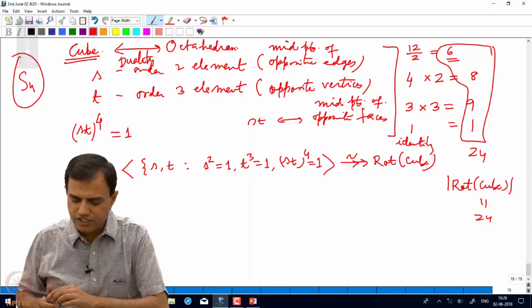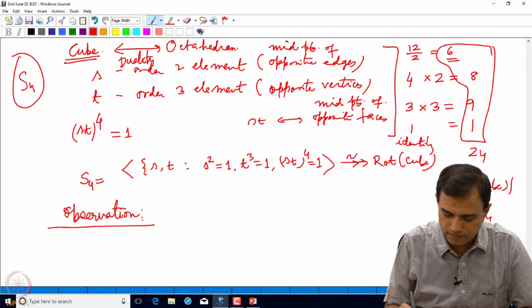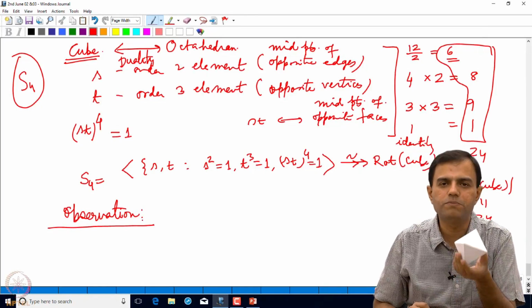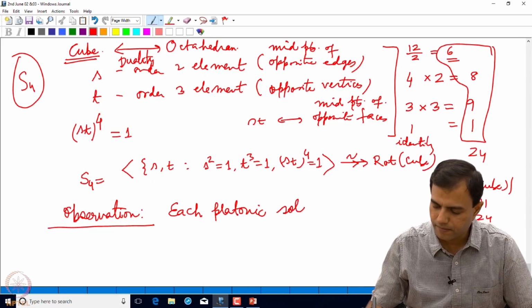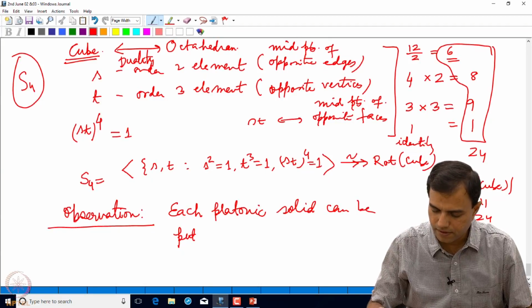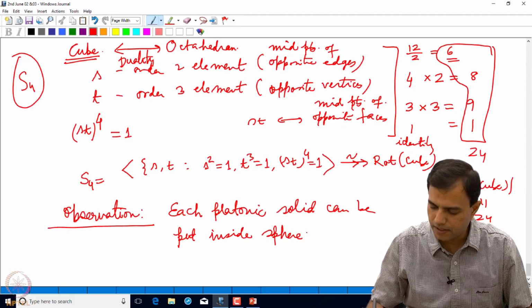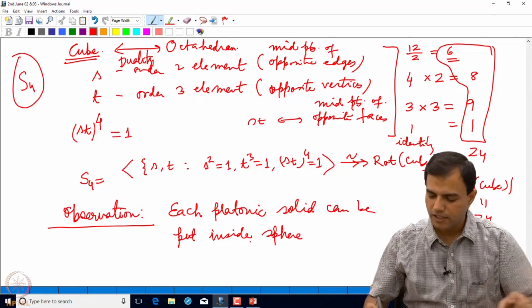And the observation is that each of these objects, each Platonic solid, can be put inside a sphere, say a unit sphere, or whatever is the radius of these objects.